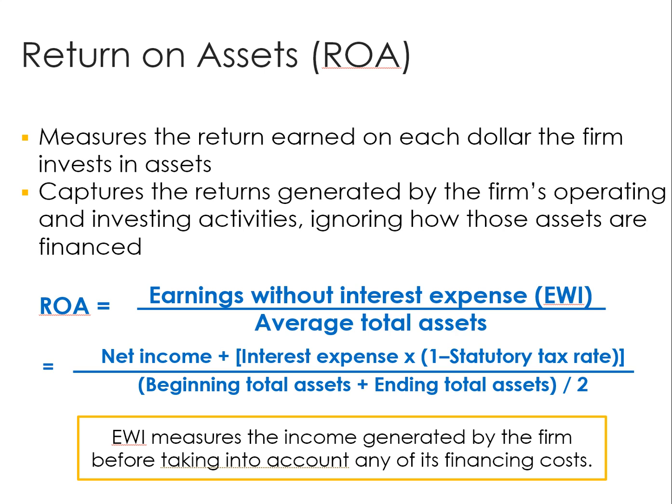Why we need to add back interest expense is because interest expense is a return to creditors, and now we are measuring the whole return on assets, including equity shareholders and creditors. To be more specific, that's interest expense multiplied by 1 minus the tax rate.